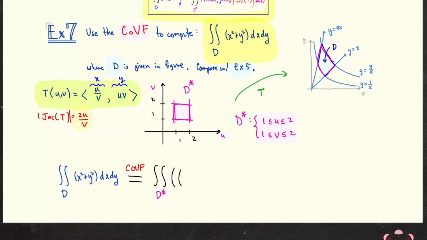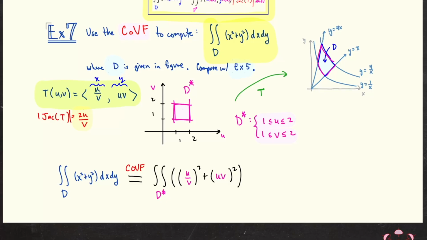Since we know that x is u divided by v, I'll put that for my x squared plus, I'm sorry, y squared. Y squared is u times v. All right, so that is my function expressed in the new variables.